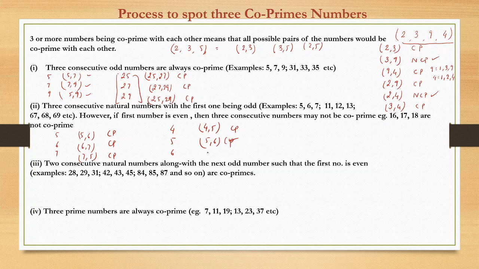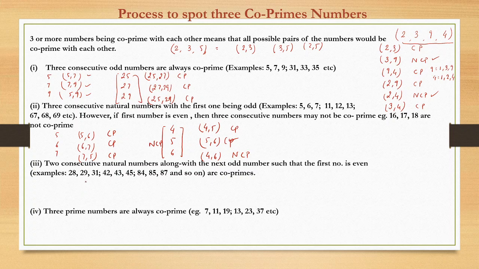Then 4 comma 6, we have a common factor of 2, so this is non co-prime. Since one of the pairs is not co-prime, as a triplet 4, 5, 6 is not co-prime, right? So this is the way we check. This is a standard concept you can remember: three consecutive numbers starting with an odd number are always co-prime.